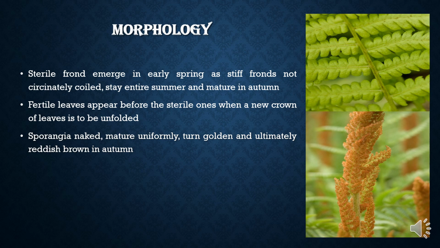In this very close up of the dimorphic leaf, you see that the sterile leaves have pinnas, and in the fertile leaves we don't see any pinna, just the division. This is the rachis, and these are the veins on which the sporangia are borne.